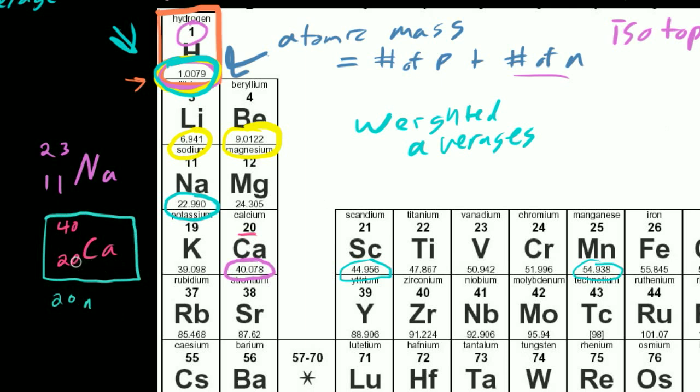Because we know that this number, our mass number, this 40 here, is going to be the number of protons we have in an atom, and in order to have a calcium atom, we have to have 20 protons plus the number of neutrons. So we subtract out the number of protons, 40 minus 20. That means that we have 20 neutrons in this atom.